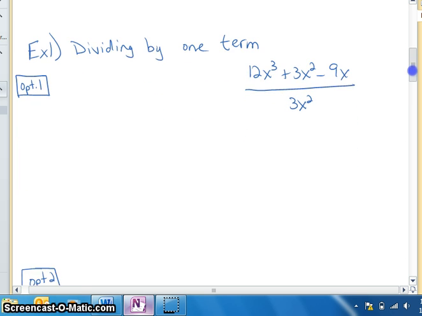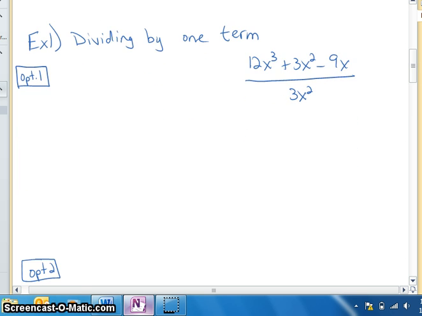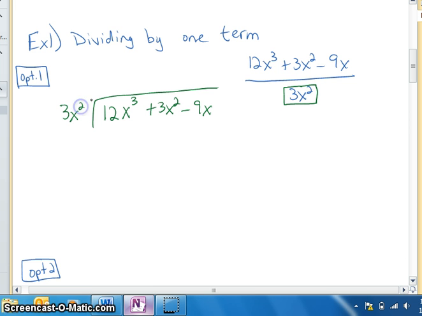So let's first look at dividing these two. There's two different options if I have just one thing down here in the denominator. So let's look first at the long division like we did up in the first example. 12x cubed plus 3x squared minus 9x divided by 3x squared.